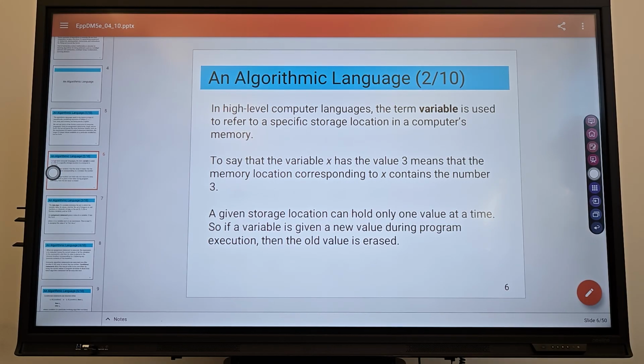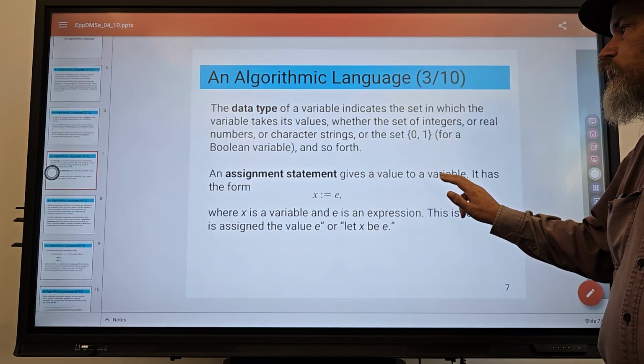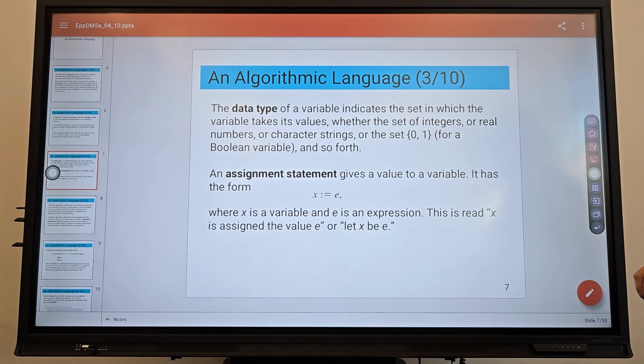So if the variable is given a new value during program execution, then the old value is erased. The data type of a variable indicates the set in which the variable takes its value. Integers, real numbers, character strings, 0 or 1 for a Boolean variable, that sort of thing.